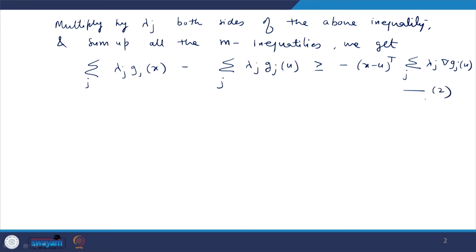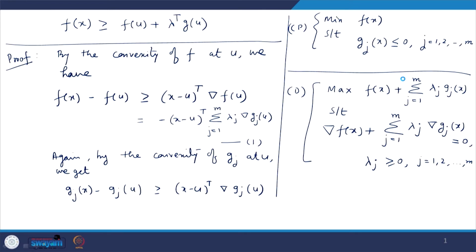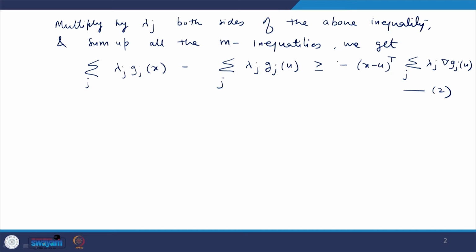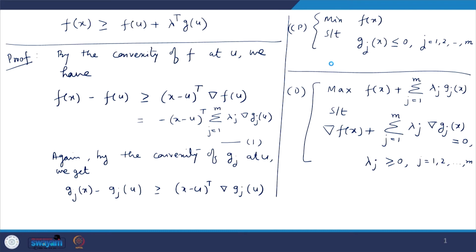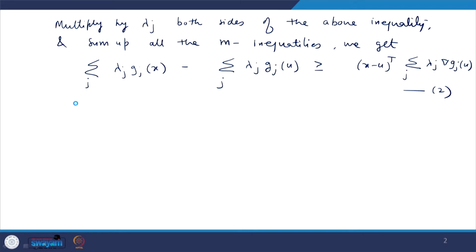Suppose this is inequality 2. Now, you can use this because this side is less than or equal to this side, and the negative of this side is greater than or equal to this side. So, using 1 and 2, what do we obtain?